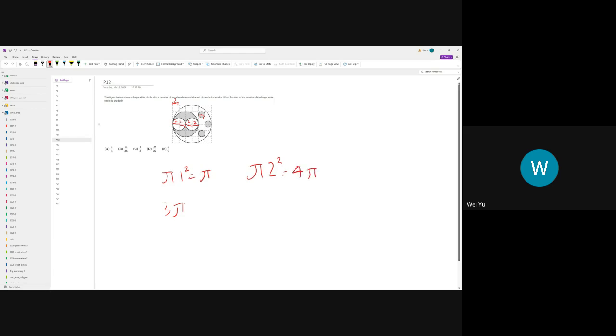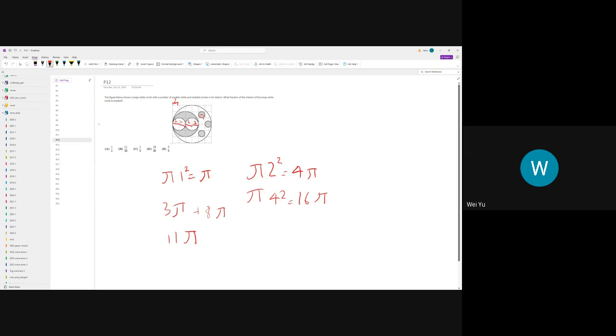And the area of the big circle is pi, this length is 4, 4 squared equals 16 pi. So 16 pi minus twice 4 pi is equal to 8 pi. So the total shaded area is 11 pi.